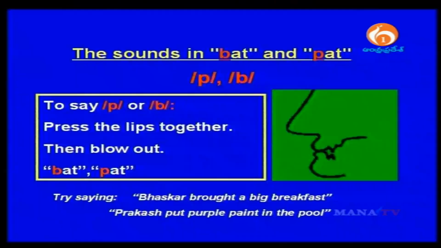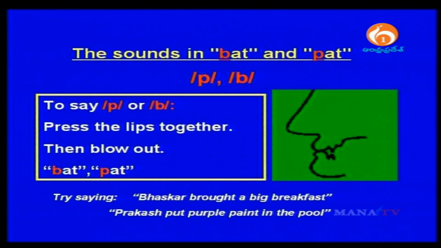Let's look at a few of these sounds which occur in pairs. The sounds you have in bat and pat: p, b. There is a description given here for you to see how to articulate these sounds. Just bring your lips together, press them firmly, and then blow out air. You have a few example sentences.